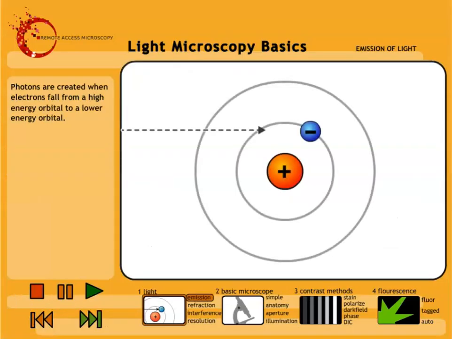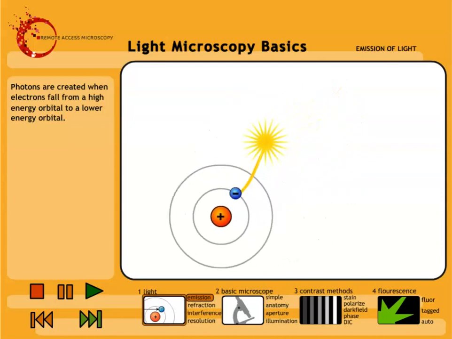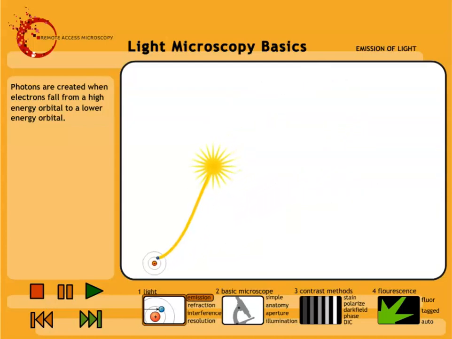Light is created when electrons within the atoms become excited by absorbing extra energy from their surroundings. The extra energy causes the electron to move up to a higher energy level within the orbital shells of the atom. Since atoms seek stability, the electron will return to its original orbit, releasing a particle or photon of energy in the process. A ray of light is a steady stream of photons traveling along in an electromagnetic wave.